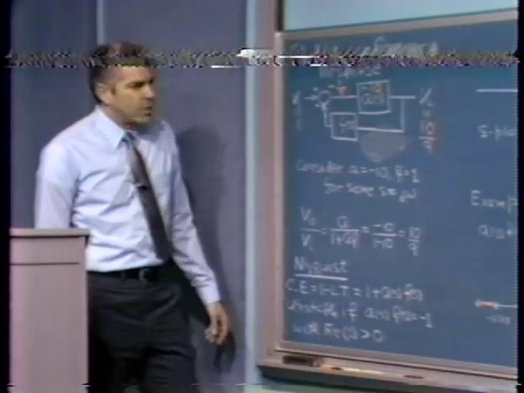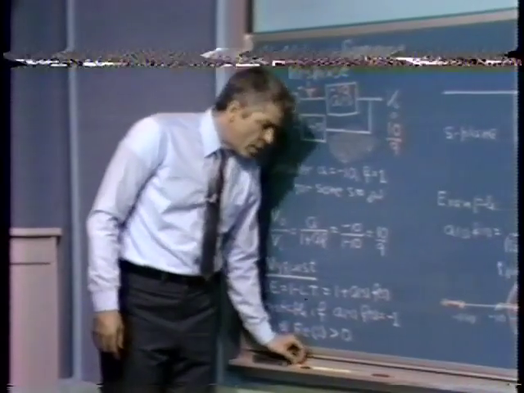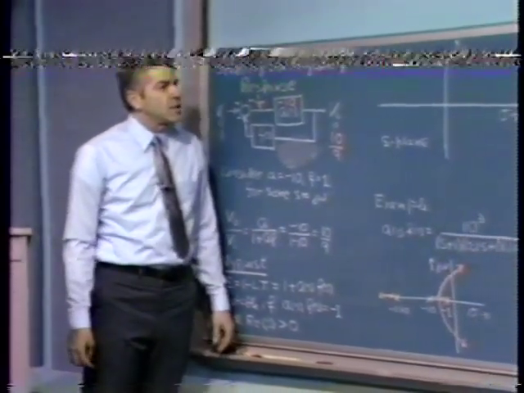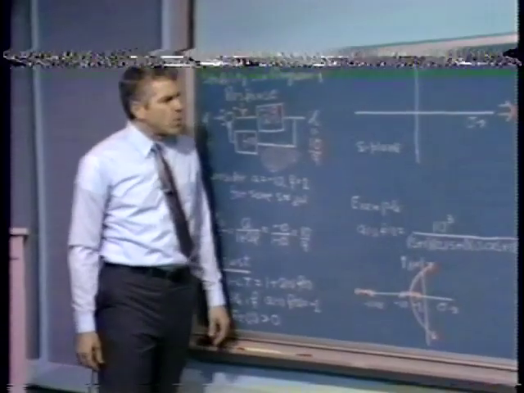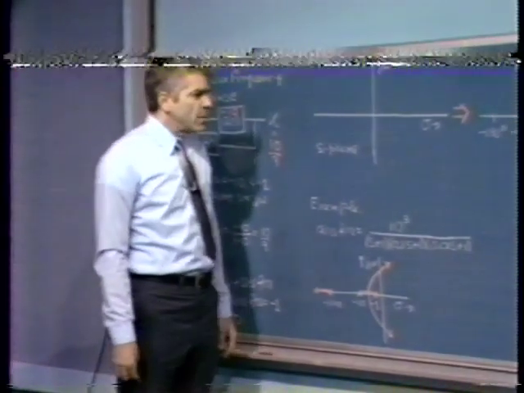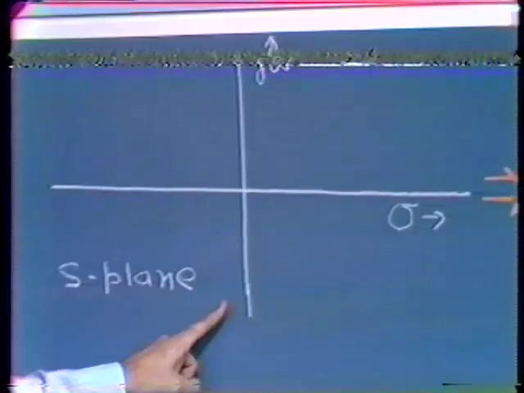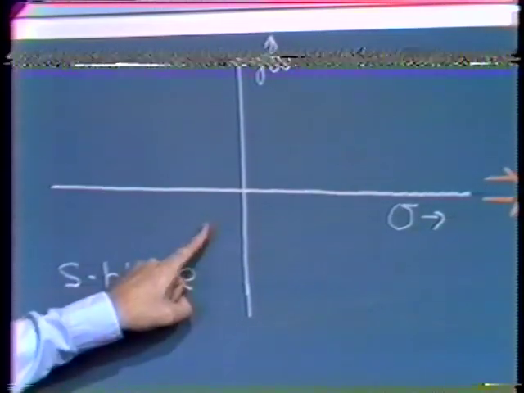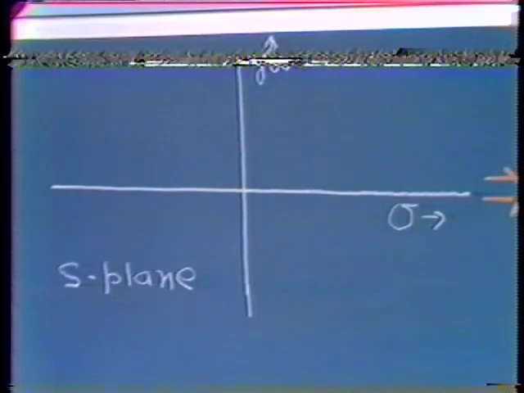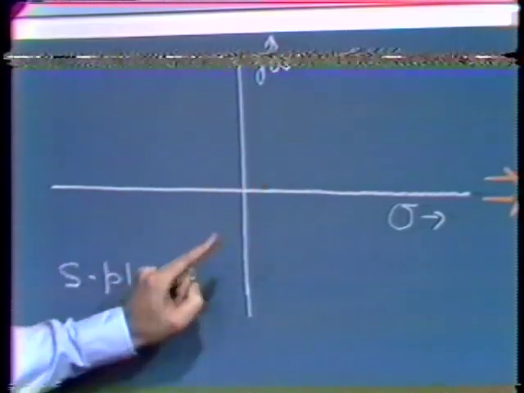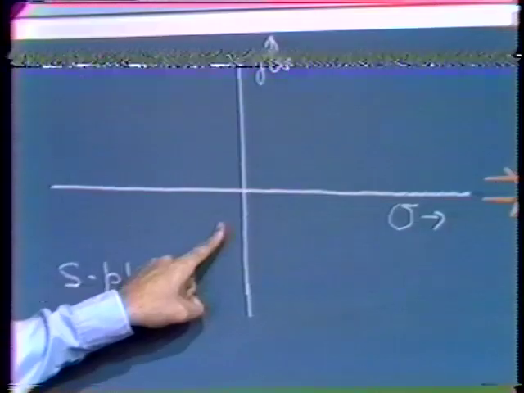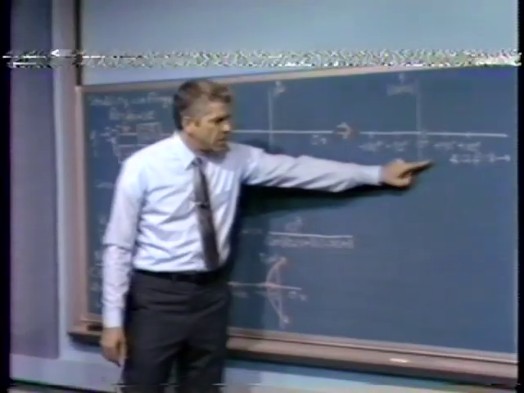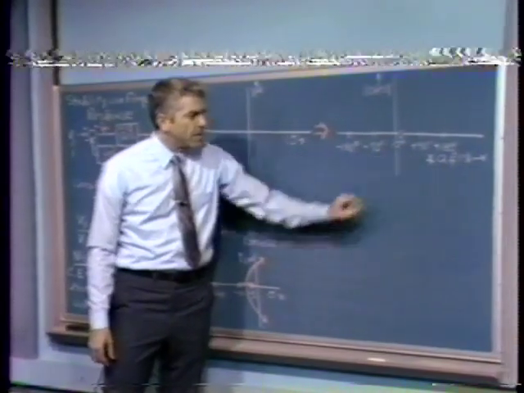How do we make this determination? Well, what the Nyquist test suggests that we do is the following. We perform a mapping. We evaluate the negative of our loop transmission, in particular the AF product, for values of S. So what we do is a mapping that takes values of S in the S-plane and transfers them to an AF plane.